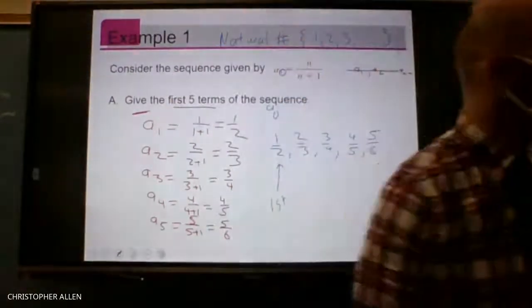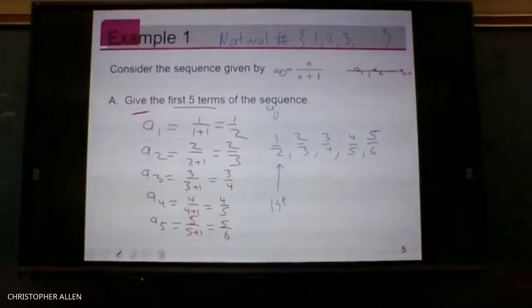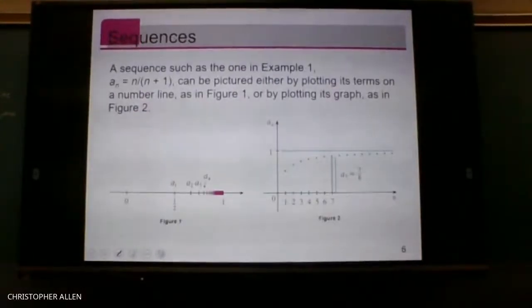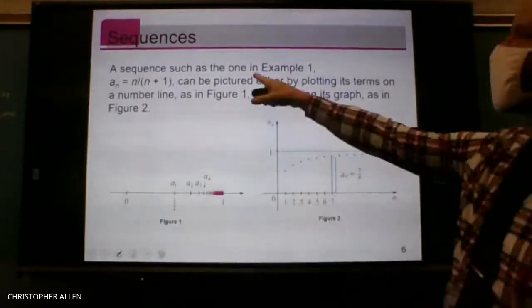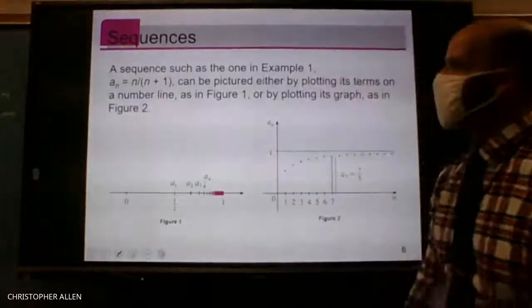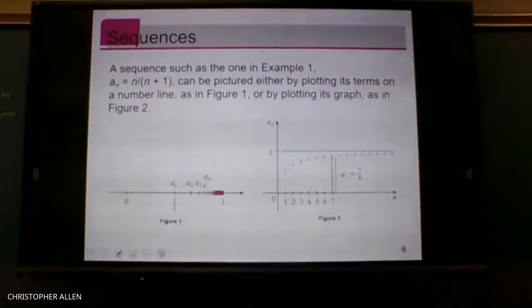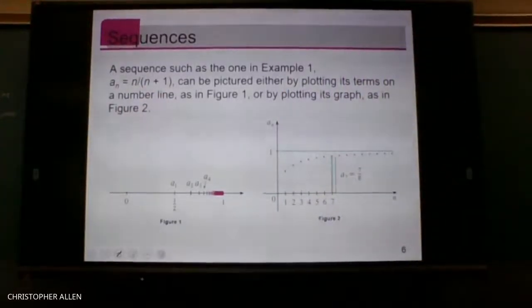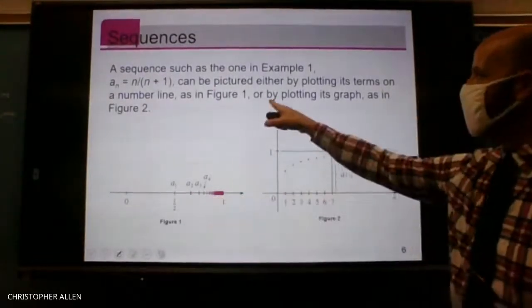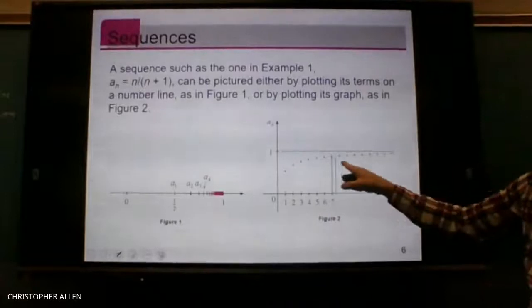So, okay, let's go ahead and move on here. A sequence such as the one in example 1, which is a sub n equal to n over n plus 1, can be pictured either by plotting the terms on a line, as in figure 1, so like this, or it can be plotted using a graph like this.